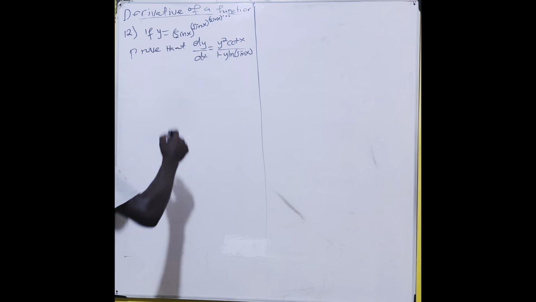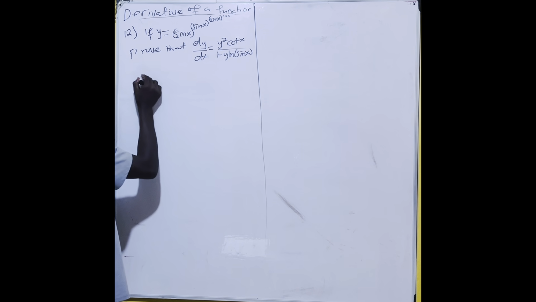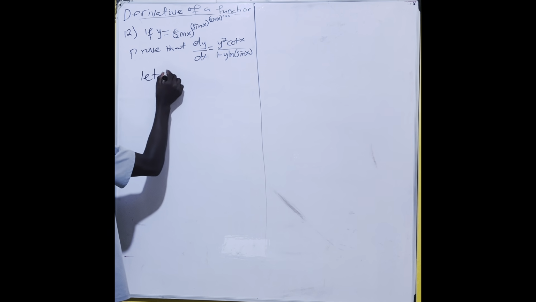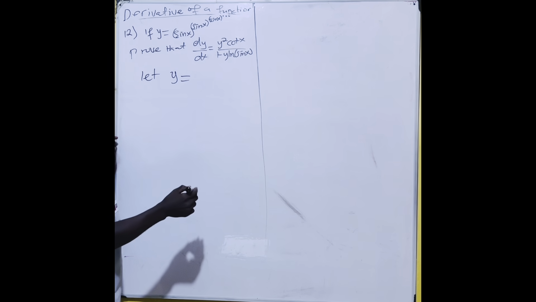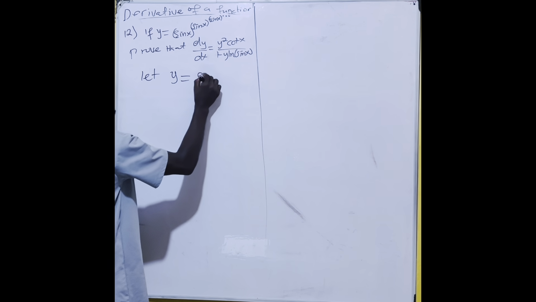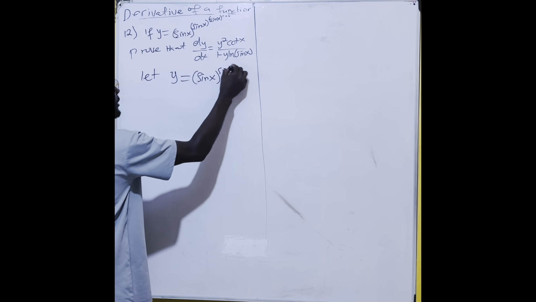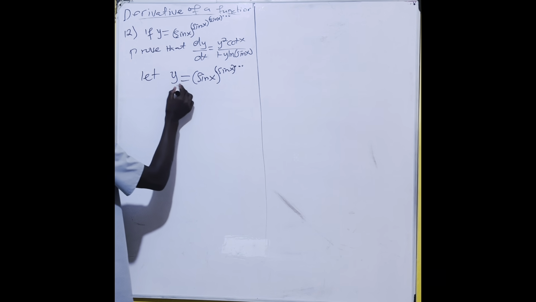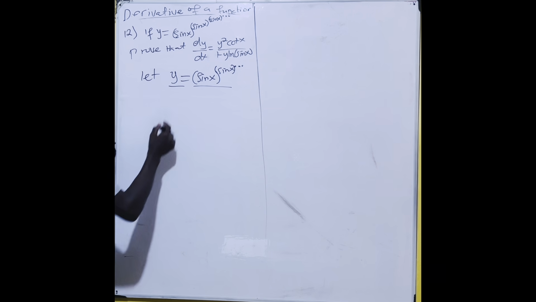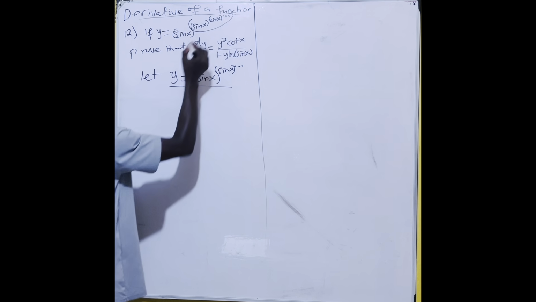Okay, so here we are going to also say that let y equal this function that we don't know where it is going, right? So x sine x to the x. Okay, so the whole of this is now y, as you see here.